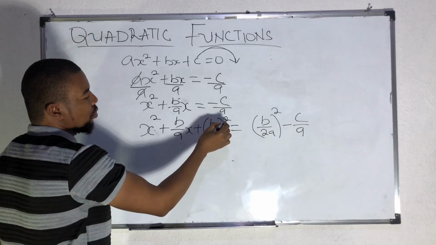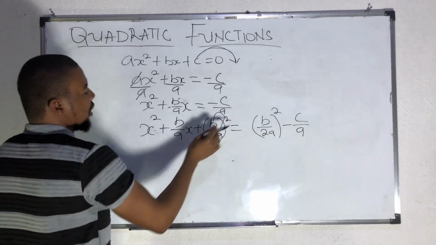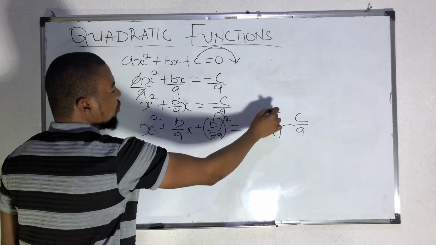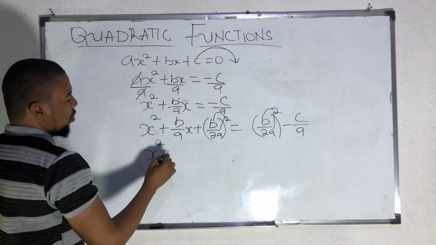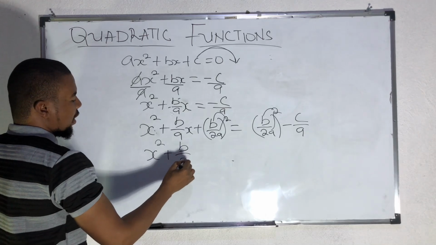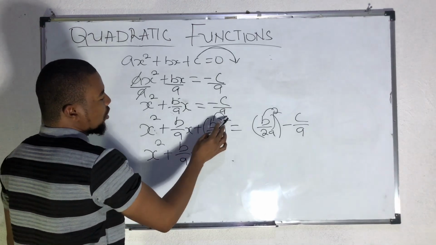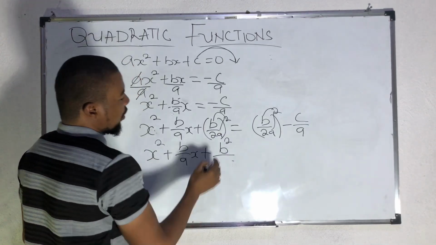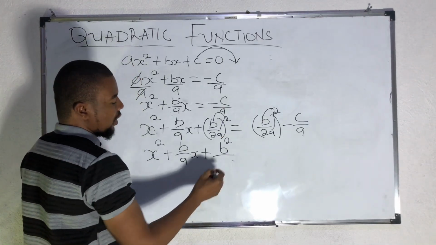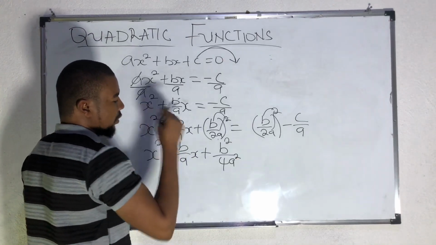All right. So what next do we do at this very point? Let's distribute the 2 across everything inside the bracket. We shall do it for the left and also for the right. Here we have x squared plus b over a multiplied by x plus b raised to power 2, which will give us b squared over 2 raised to power 2, which is 4, a raised to power 2 is a squared.